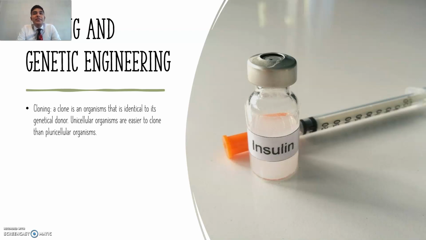Right now scientists have been able to clone some species. The most enigmatic one was a sheep that was cloned. So basically the process of cloning is the following. What we want is to create a copy of a certain animal.